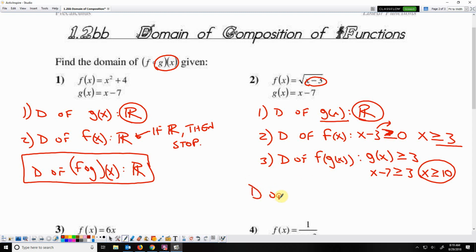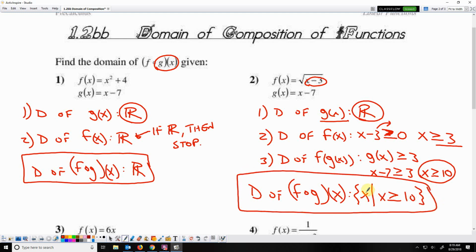So the domain of f of g of x, which by the way is the exact same thing as what's written right here, f of g of x, this is just a more formal way of writing it, is the set of all x, which is reals, so our step 1 is covered here, such that x is greater than or equal to 10. So the set of all x takes care of reals, and x is greater than or equal to 10. We've got the inner function and the composition covered in our domain.